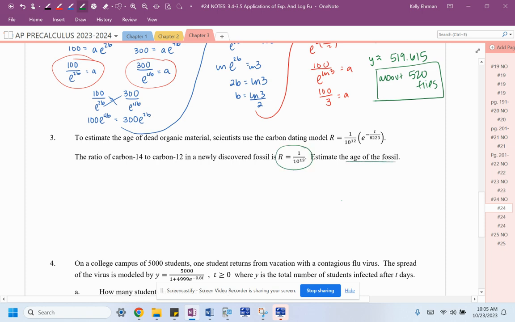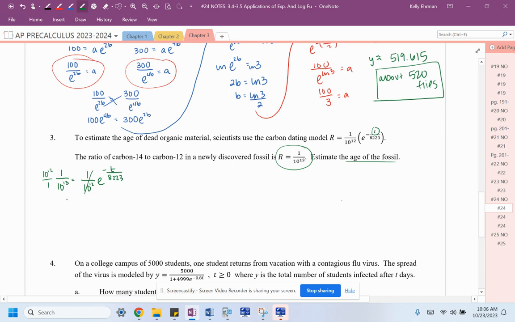Estimate the age of the fossil. So we're trying to find t. We have a value to set r equal to. 1 over 10 to the 13th equals 1 over 10 to the 12th times e to the negative t over 8,223.